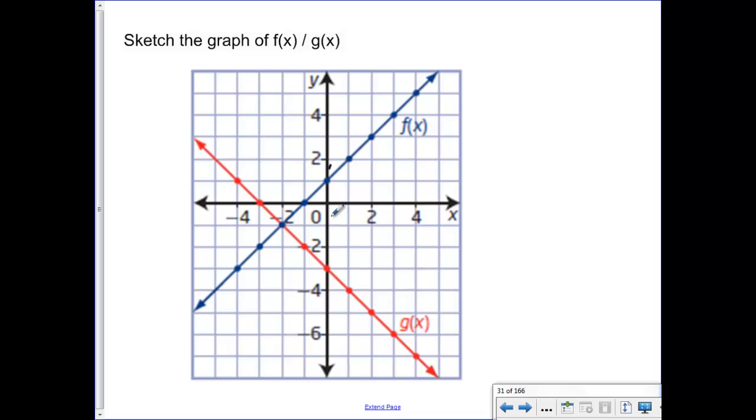That's so messy. Take negative 2 divided by negative 4. Negative a half. 3 divided by negative 5.